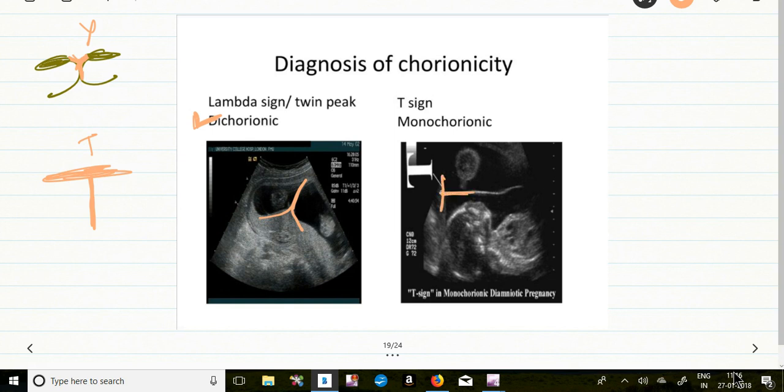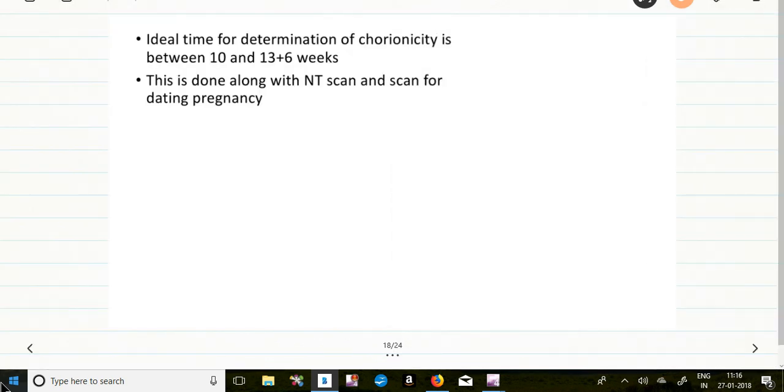Look at the interface between placenta and the amniotic membranes. This differentiates between dichorionic and monochorionic twin pregnancies, and it can be best done at 11 to 13 weeks. Now we advise twins to get an ultrasound done between 10 and 13 weeks, because at the same time you can also look for nuchal translucency and you can date the pregnancy.